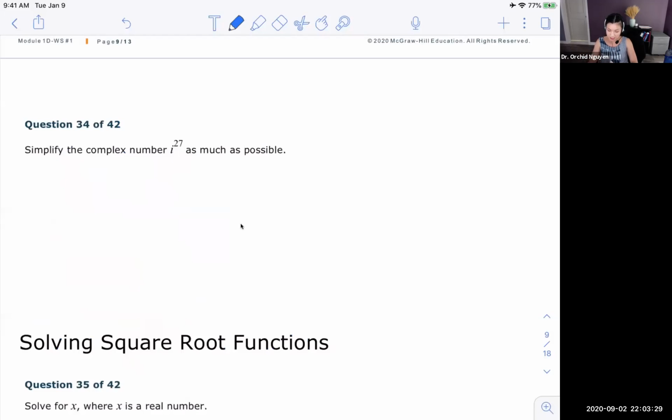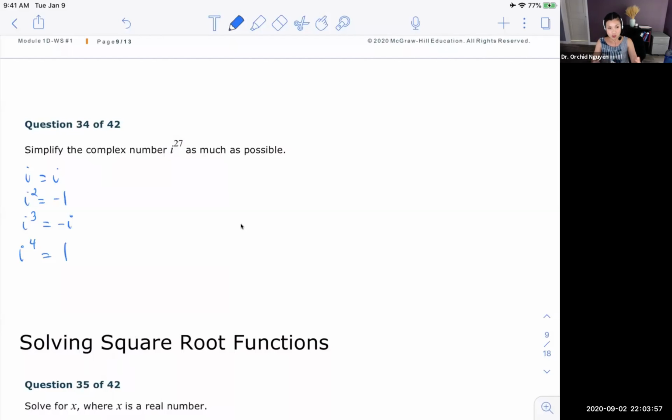So keep in mind that i squared is negative 1. i cubed is i squared times i, and i squared is negative 1 times i, so we get negative i. i to the 4th is i squared times i squared, which is negative 1 times negative 1, which is 1.